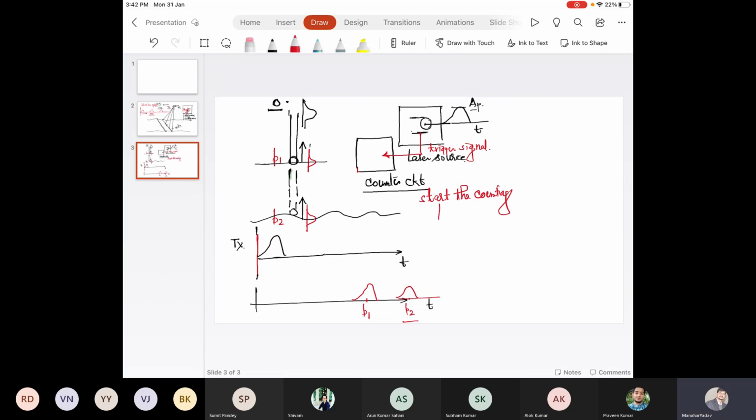So let's say that is time t1 at which this trigger signal is generated, and this t1 time is stored in the counter circuit. Okay, this is the initial time from where the counter circuit starts counting time. Now this laser beam that emanates from the laser source travels in the medium. Here we consider the particle nature of light.